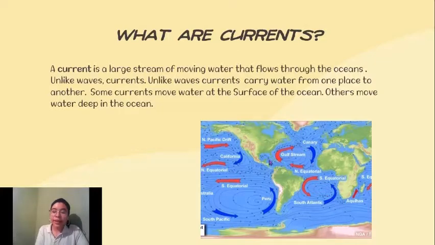It's like a cycle. It begins in one place, and then it finishes in another place, and it begins again. So it is like a cycle, but they move from one place to another. They do not move in the same place as waves.